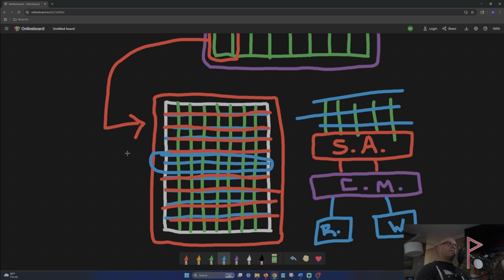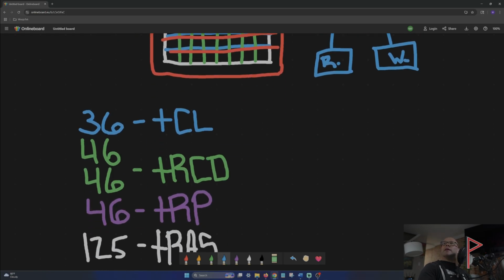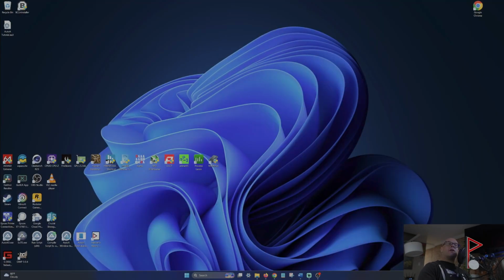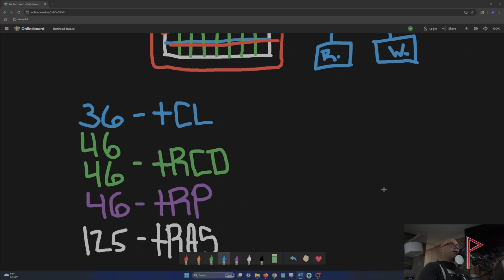And this leads into a discussion of our primary timings, which I've written out here. To understand what these primary timings are doing, we have to understand what an active row is. Because if you look at, let's say, these timings right here, 36, 46, 46, 46, 125. Your 36 being your cache latency. So what is your cache latency?